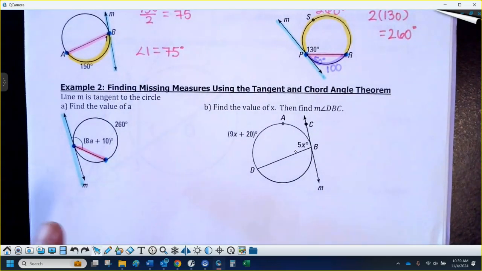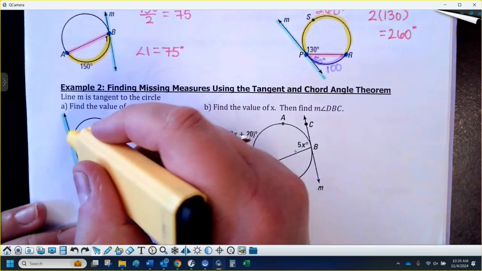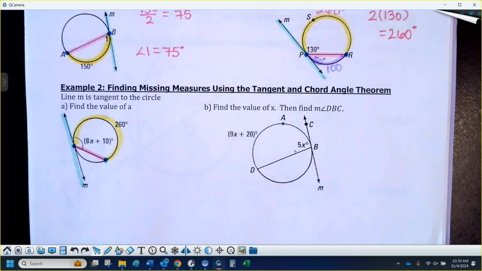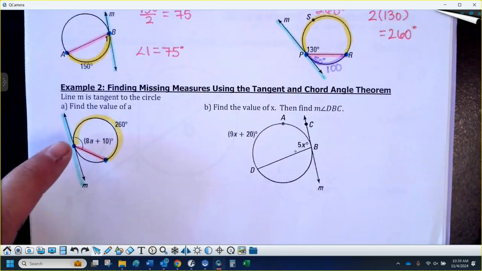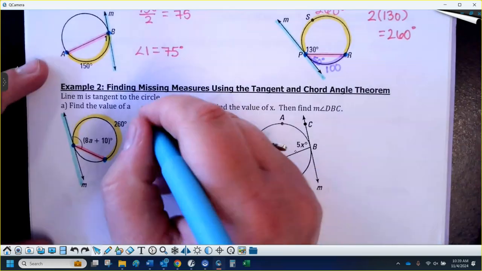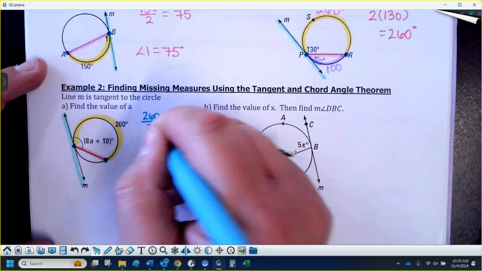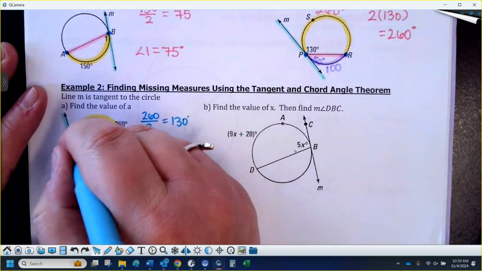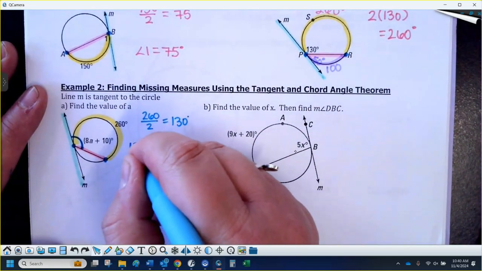The intercepted arc would start at the point of tangency and then go around until you get to the end of the chord. All right, now that gives me that arc measure is 260. If that arc measure is 260, all I have to do to get the angle is cut that in half. So take 260, divide by 2, that's 130. So this angle is 130 degrees.